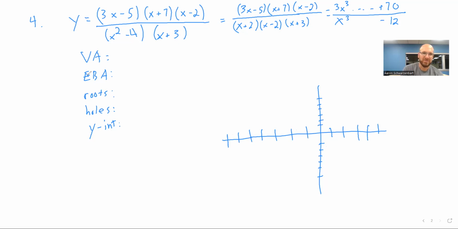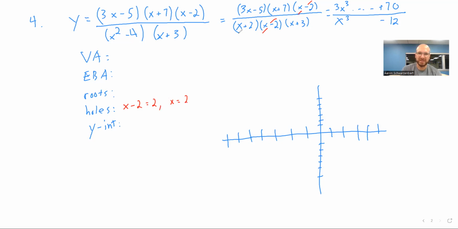So, first thing I look for is what cancels out, if anything. X minus 2 cancels out with x minus 2. That means I have a hole where x minus 2 equals 0, which is x equals 2. I'll show you how to graph that later.